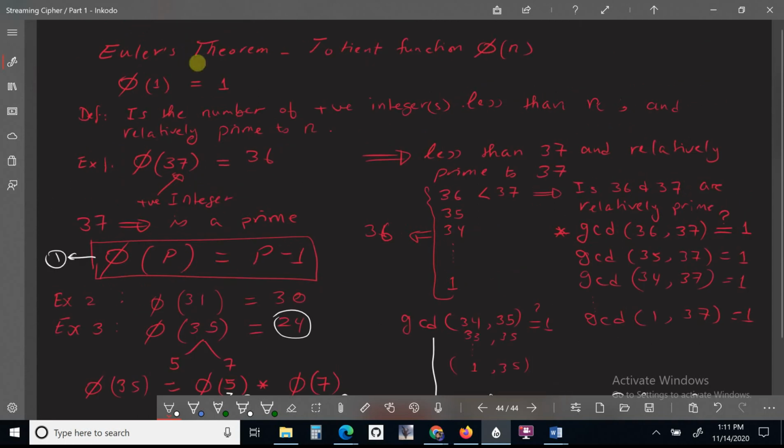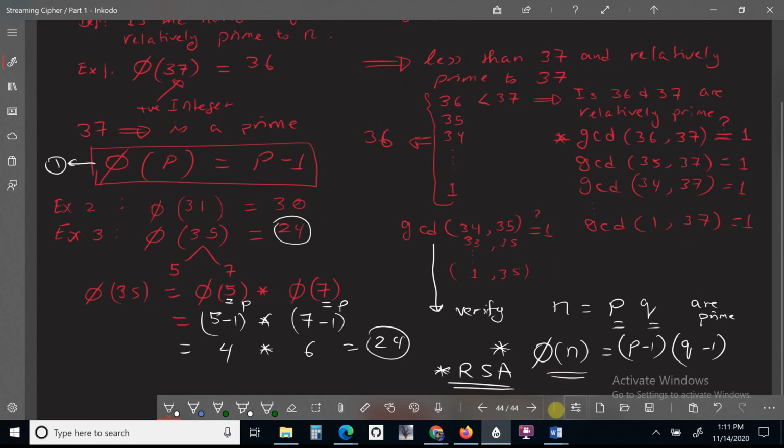So now let's move on, because I'm going to talk about Euler's theorem. So I'm going to go to the next page, and this is Euler's theorem.